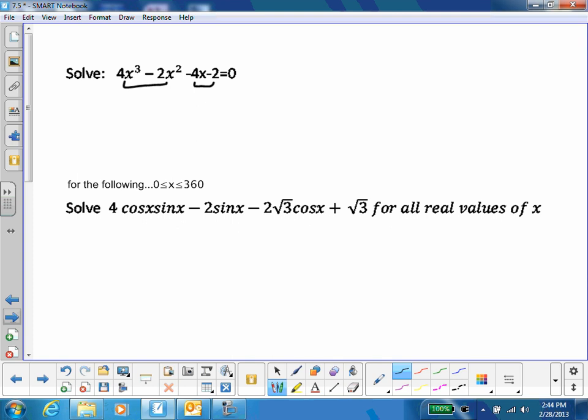Let's look. We've got to make them look the same. What can I pull out of the first 2? And that leaves me with, and can I get 2x minus 1 over here? What would I pull out? Oh, this should have been, let's make that positive so it works.